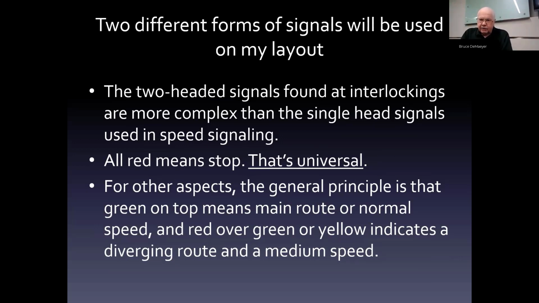It's just staying on the track you're on. All red means stop. That's universal. For all the other aspects, the general principle is that green on top means the main route or normal speed, and red over green or yellow indicates the diverging route and a medium speed.